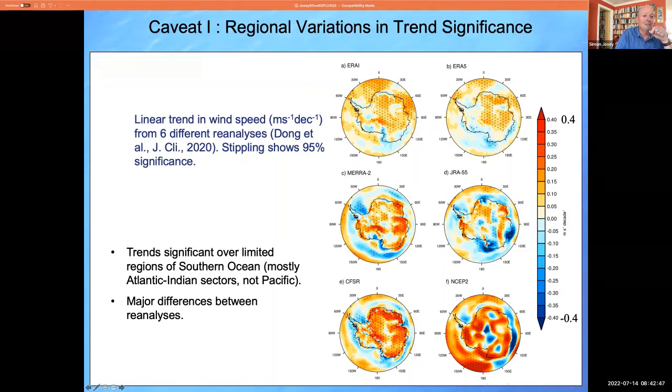If you look at JRA, for example, there's no significant trend in wind speed over much of this southern half of the Southern Ocean. So the general idea that the winds are strengthening there, or moving south, isn't really supported in these reanalyses. That's the point I'm trying to make there.